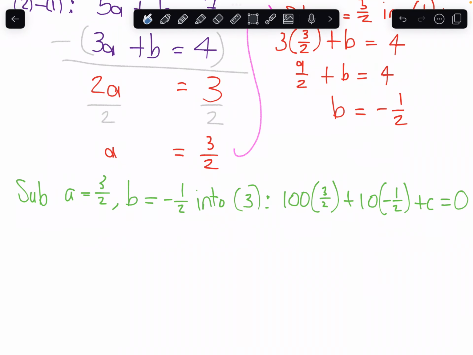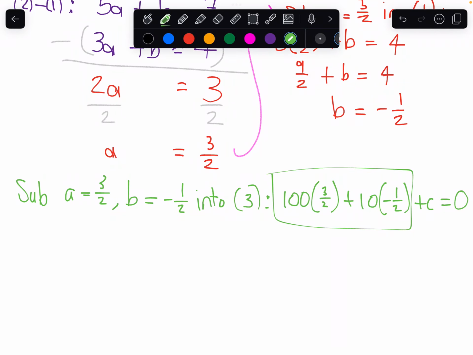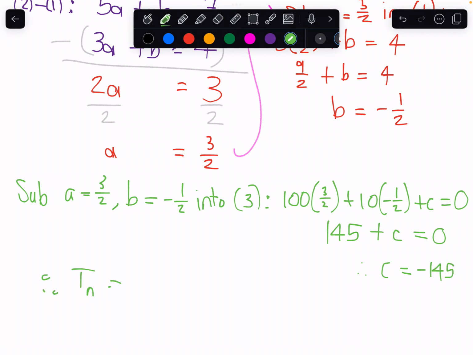Okay, so if we work that out, that is 150 minus 5. So that's 145 plus C is equal to 0, and therefore C must be negative 145. So all in all, this quadratic pattern is something like this.